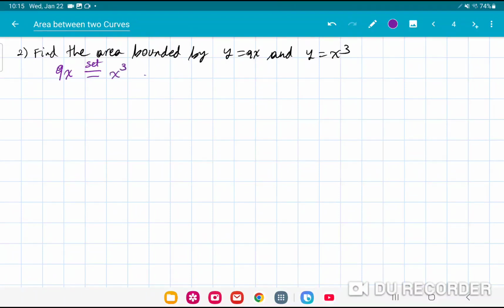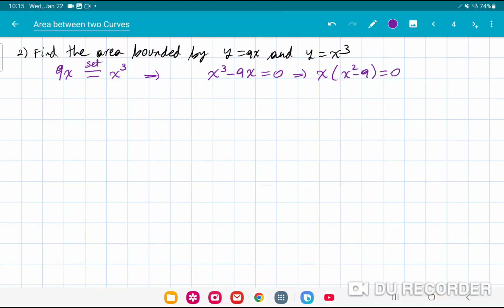So this gives you 9x minus x cubed equals 0. Or just move the 9x over. So x cubed minus 9x equals 0. If you factor x, you get x squared minus 9 equals 0.